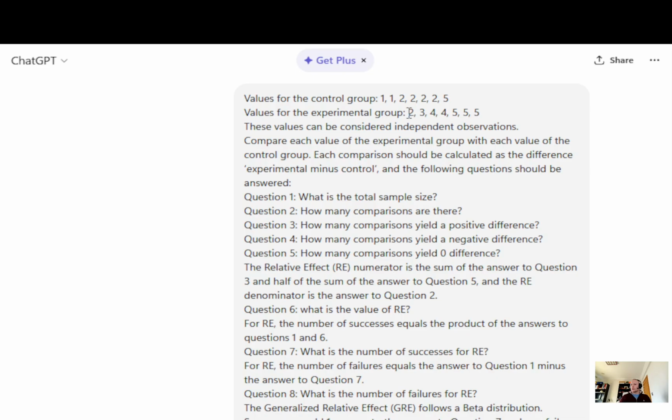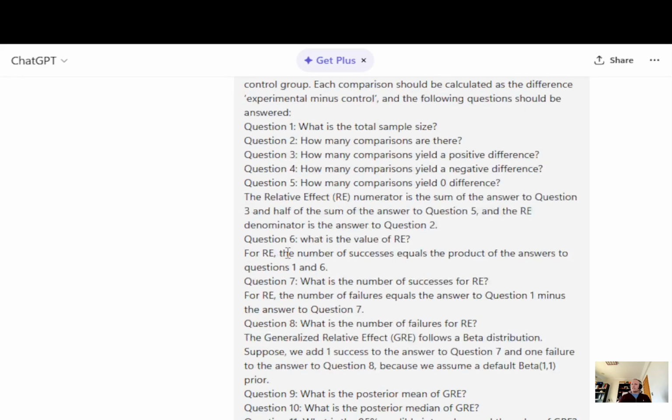For instance, if we were to compare the 2 of the experimental group with one of the 2s in the control group, there are 4 comparisons here which give a tie, and later on with the 5s there is also a number of ties. So, those should be questions answered by ChatGPT later on.